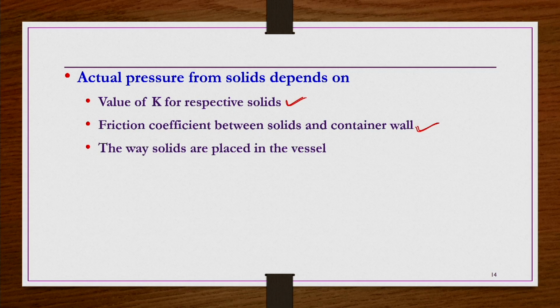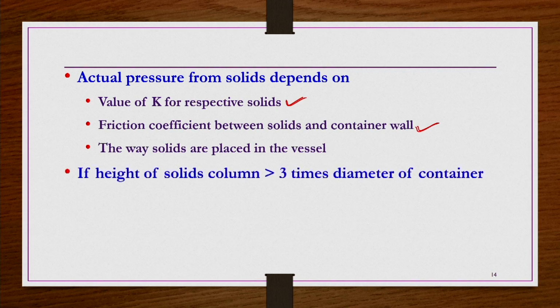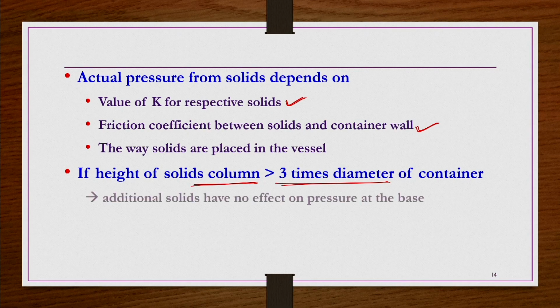And then the way solids are placed in the vessel is also going to have an influence on the actual pressure from solids. And if the height of the solids column is larger than 3 times the diameter of the container, let us say the height up to which you are filling the solids is h and the diameter of the container is d, if h is greater than 3d, then whatever additional solids you pour in are not going to affect the pressure at the base.